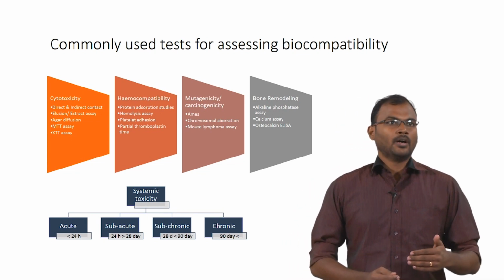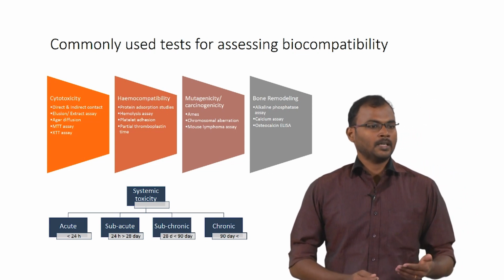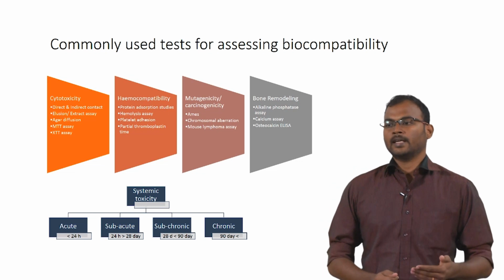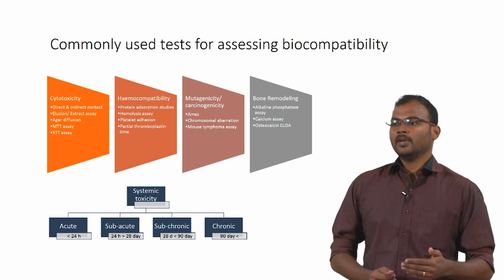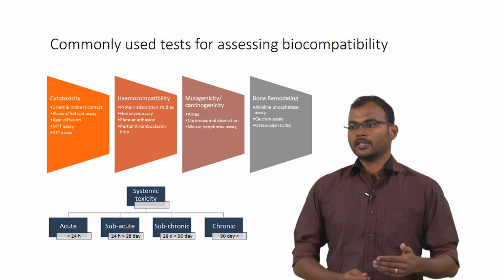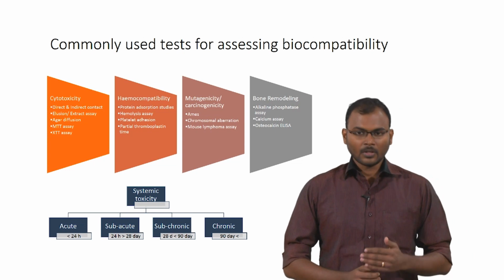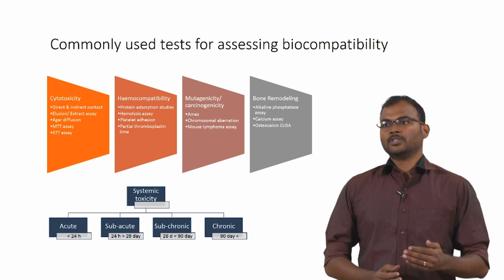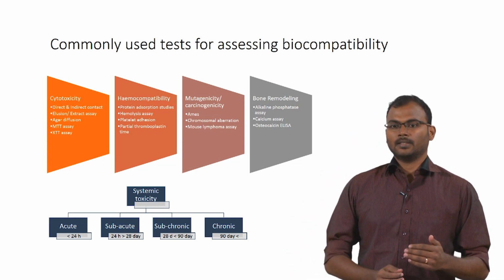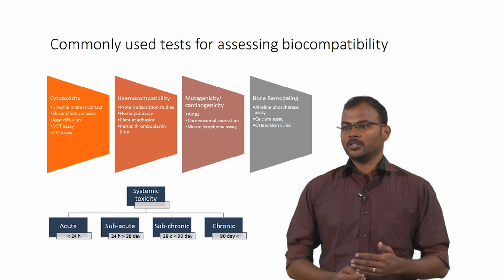You introduce your compound, and if it causes a mutagenic reaction on the gene, it will restore histidine production and the bacteria will grow. That is the basics of the Ames test. By this you can observe whether the compound you are using is causing a mutagenic response or not.